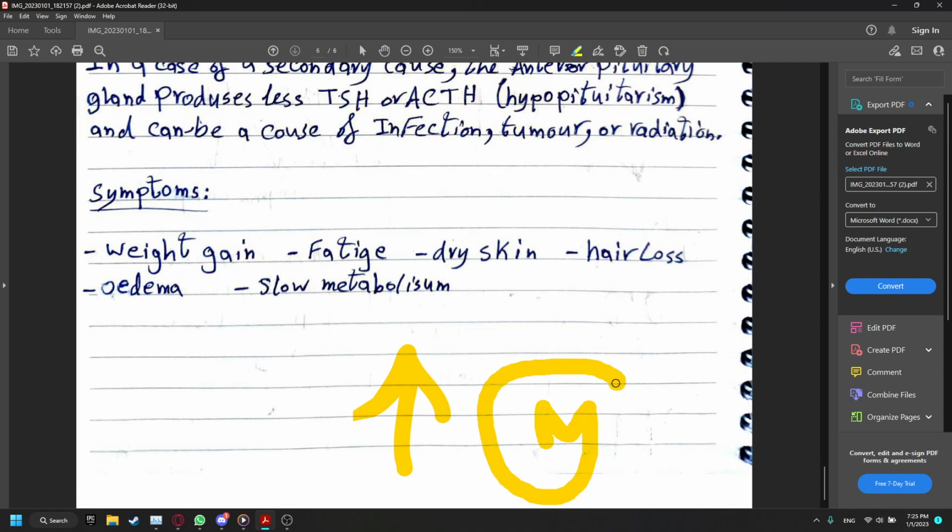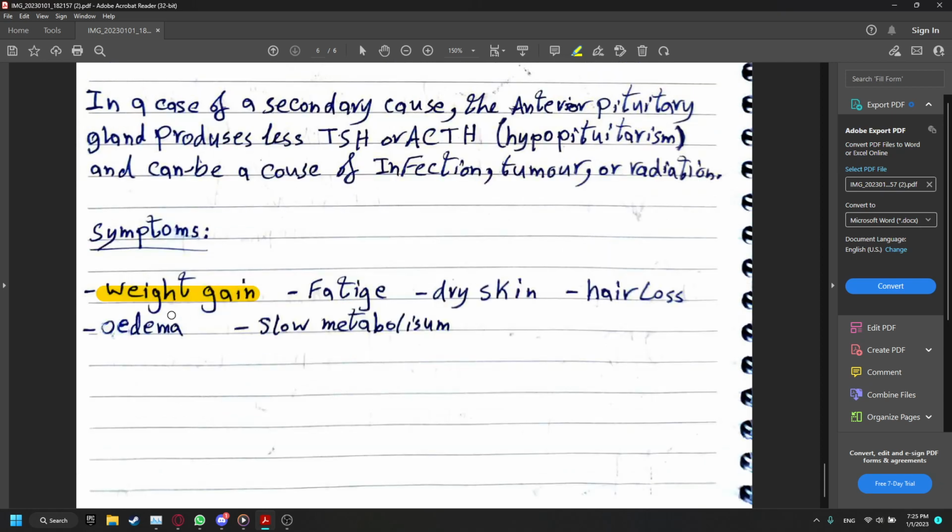The more glycogen you have, the more storage is needed, but your liver can't store that much glycogen. So it gets stored as lipids or fatty acids, which explains why people with low levels of thyroid hormone have weight gain.